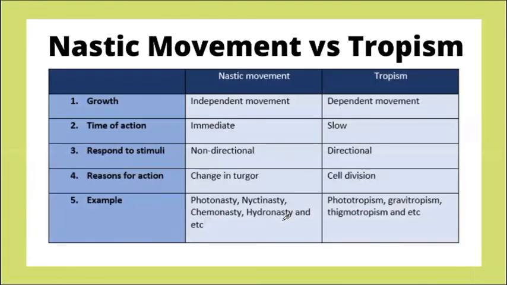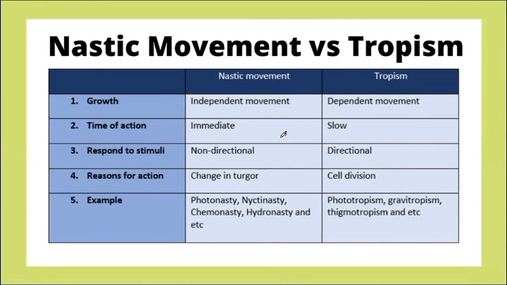Okay, let's see the difference between nastic movement and tropism. For nastic movement, the growth is independent of the stimulus direction, while tropism is dependent on it. The time of action of a nastic movement is immediate, while tropism is slow.